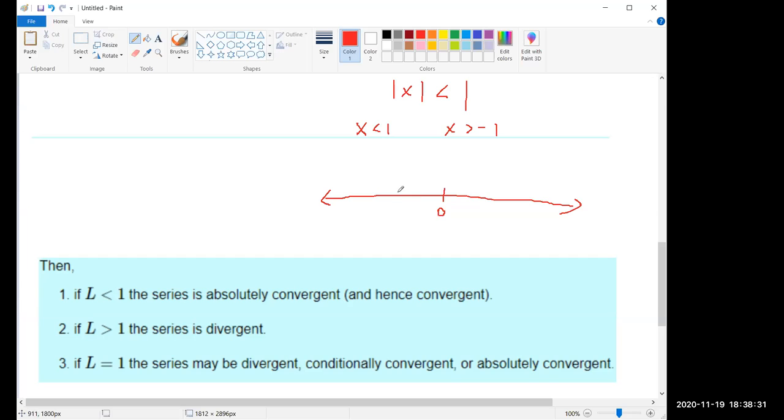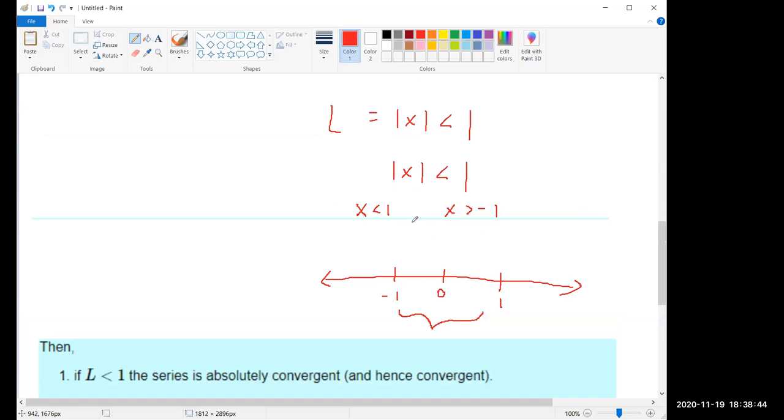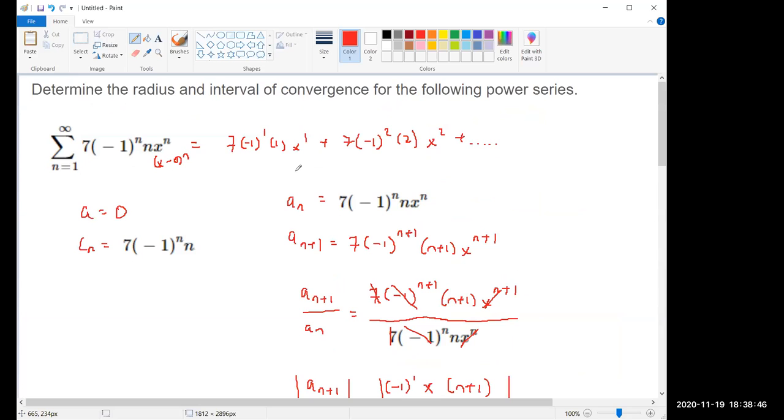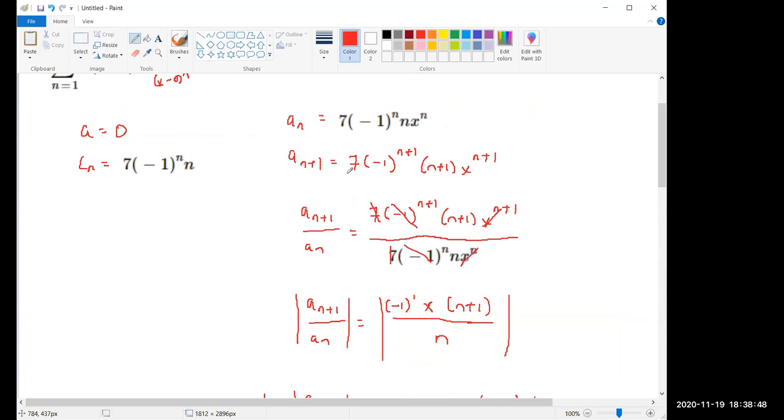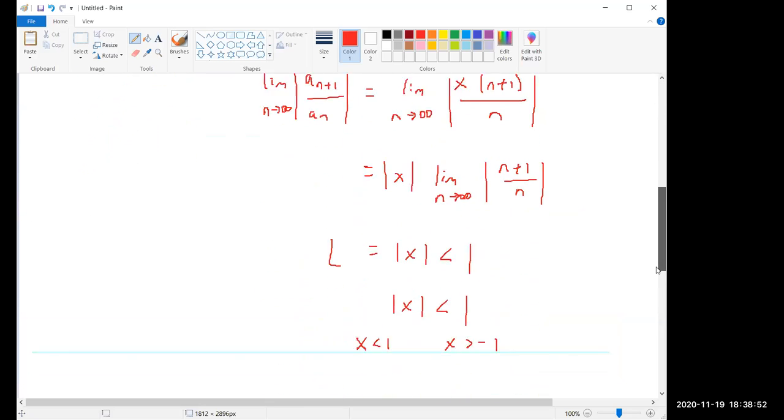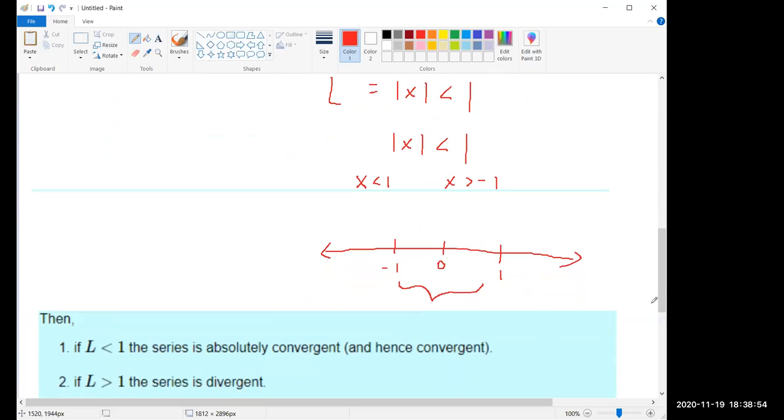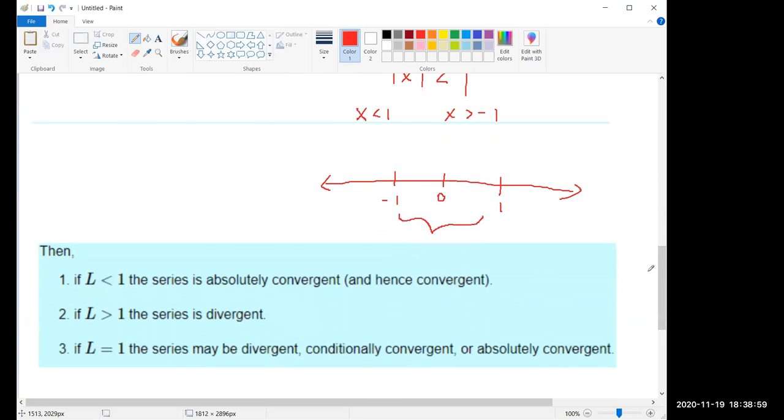Here's 0, here's -1, and here's 1. What we've just found out is that if you choose any x value between -1 and 1, and you plug that in as your x value for the power series, you will get a convergent series. The reason it gives you a convergent series is because these x values make it so that the limit of the ratio test is less than 1.